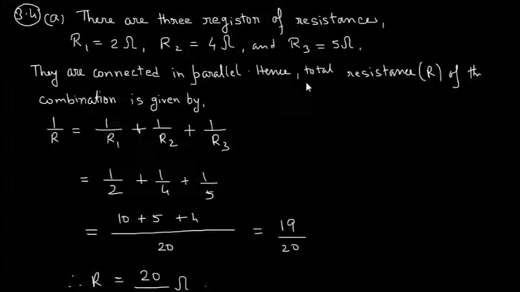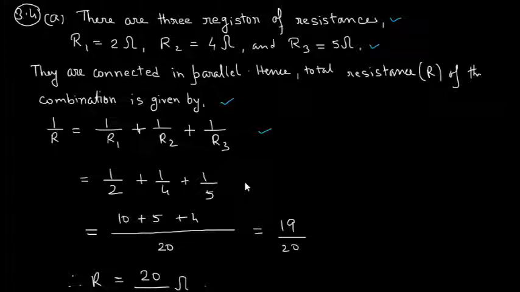Solution to 3.4a: there are 3 resistors of resistance R1 is equal to 2 ohm, R2 is equal to 4 ohm, R3 is equal to 5 ohm. They are connected in parallel, hence total resistance R of the combination is given by 1 by R is equal to 1 by R1 plus 1 by R2 plus 1 by R3.